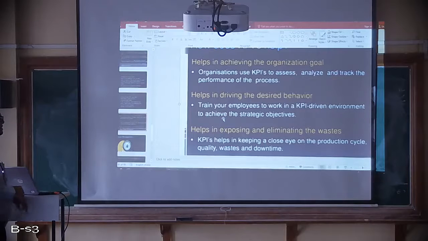And it helps in exposing and eliminating waste. The last point, of course: exposing, identifying, and eliminating waste. KPIs help in keeping a close eye on the production cycle, quality, waste, and downtime.